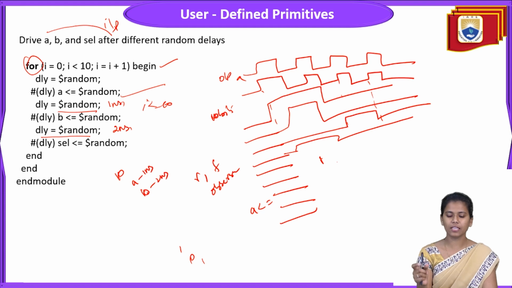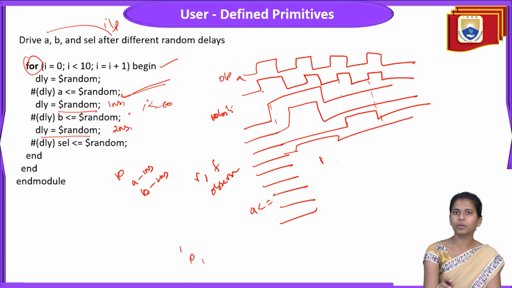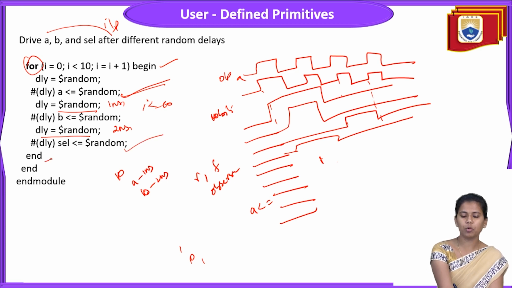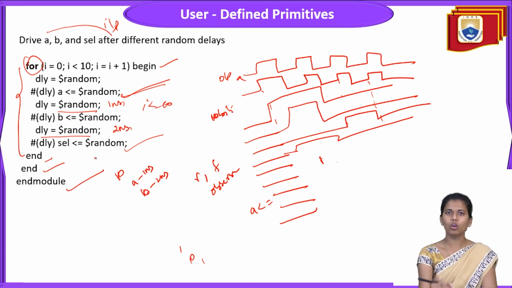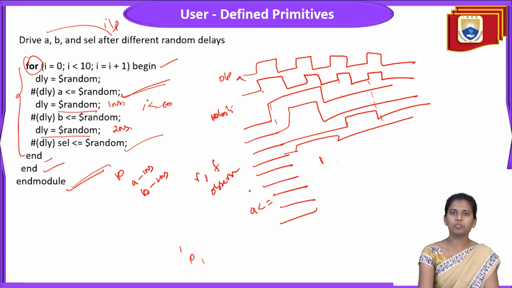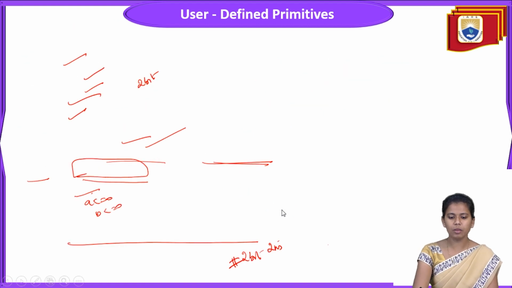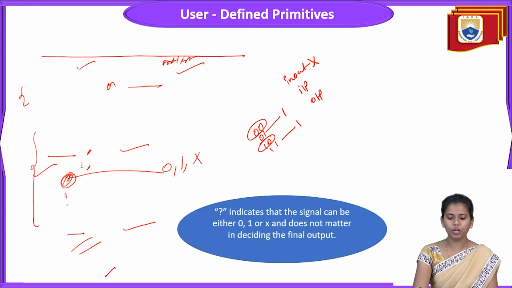For 10 nanoseconds, I can select the input selection lines randomly. So this is how I end with end for this for, end for the table, and endmodule for the whole module. So this is all about the combinational UDP.